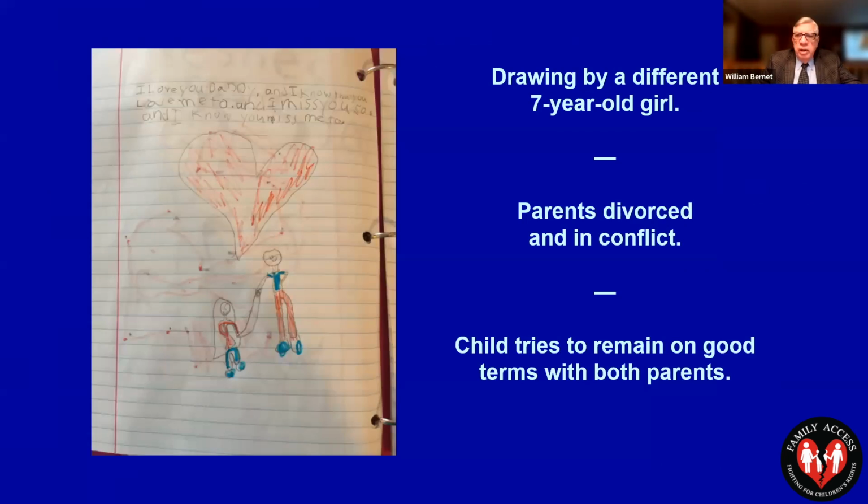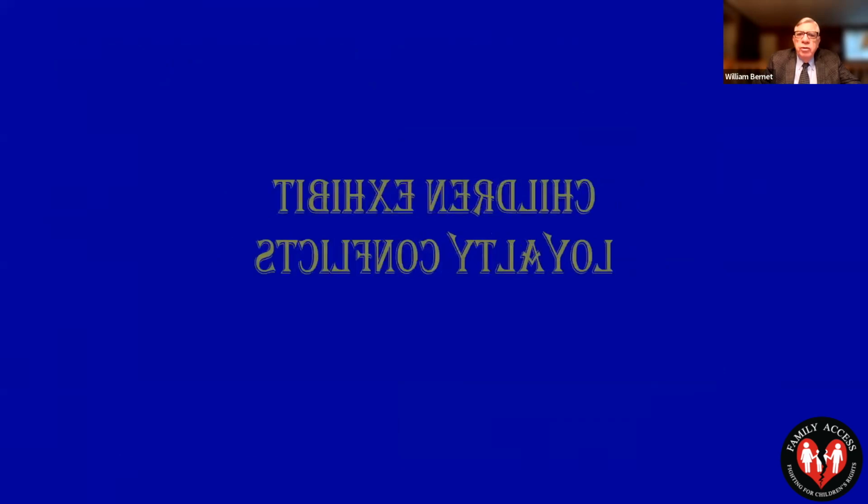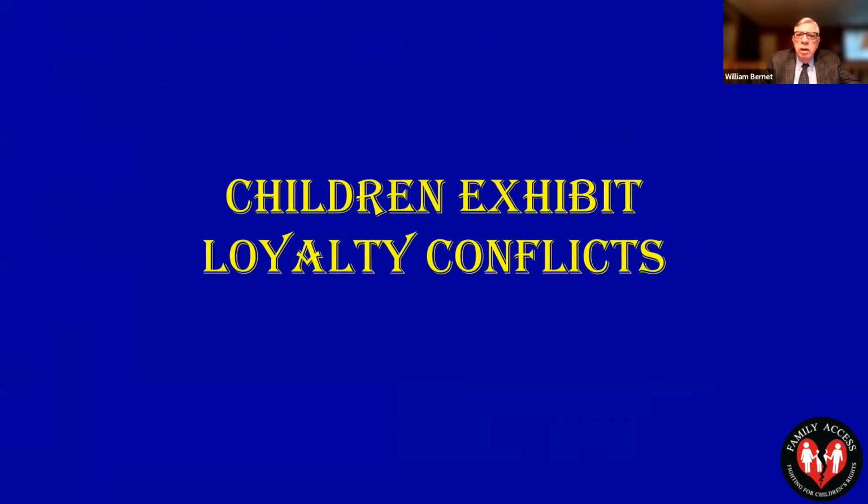So here's the next category, where the child has difficulty maintaining a good relationship with both parents. In other words, we're gradually going from a good adaptation to not so good to really impaired adaptation. And good adaptation is the child tries to have a good relationship with both mom and dad.